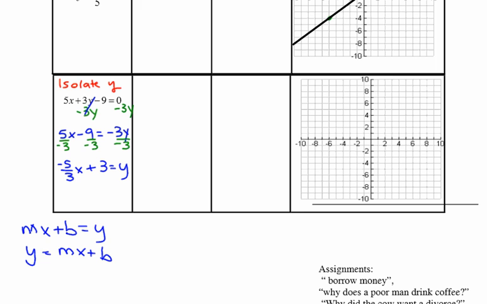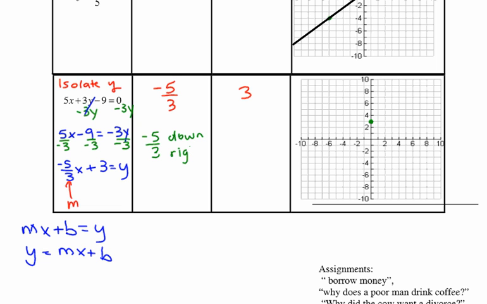Okay, so what's our slope? Did we forget? Negative 5/3, right? The coefficient of x is our slope. What's our y-intercept? Positive 3. What will we plot first then? 3. And what direction are we moving if we're negative 5/3? Down and right.